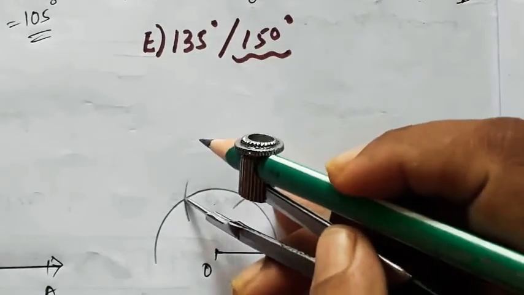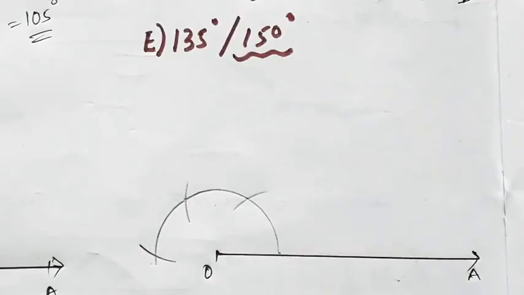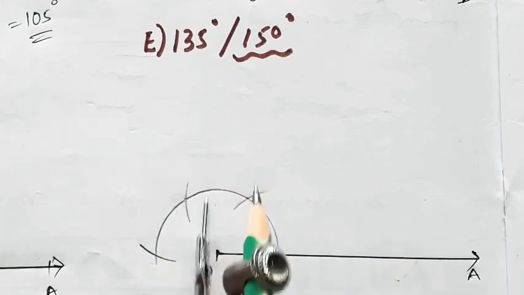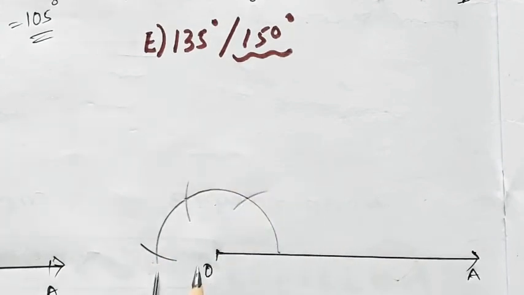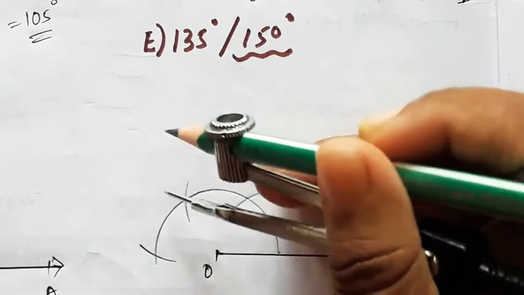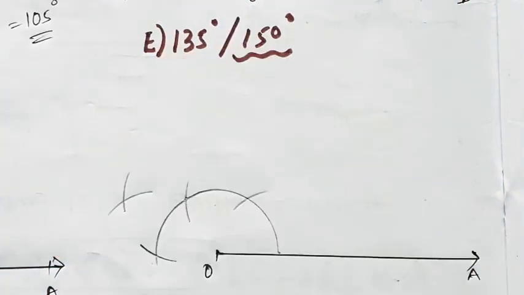With this point, mark another arc that is of 180 degree. This is of 60, this is of 120, and this is of 180. 60, 120 and 180. Now take a bisector of these 2 points, 120 and 180.